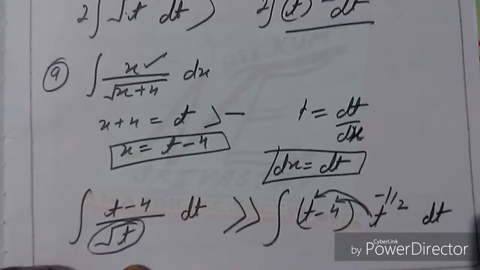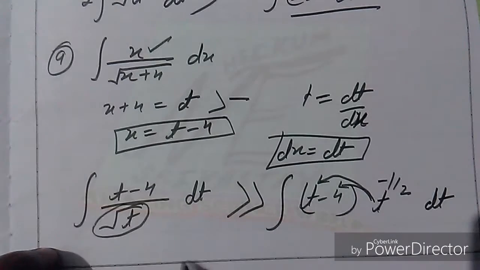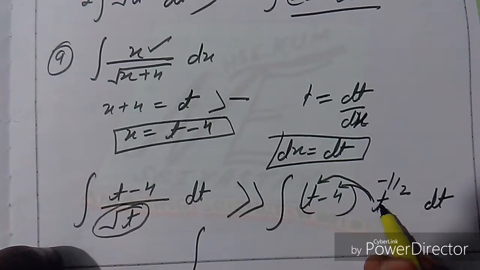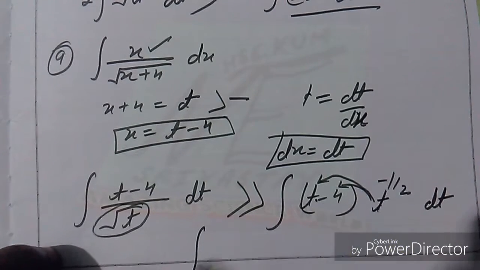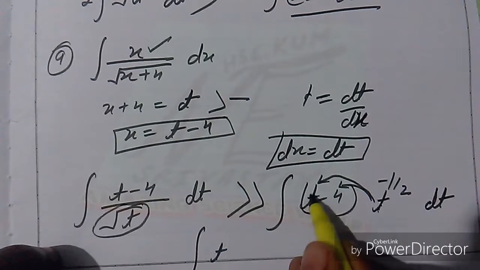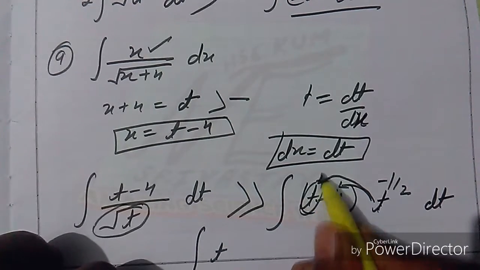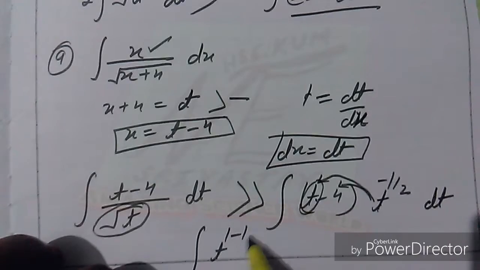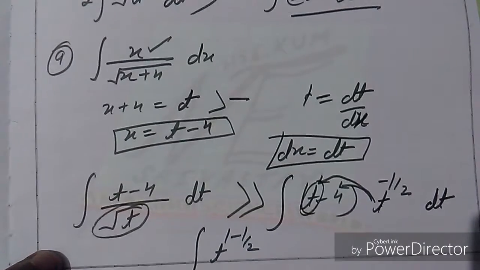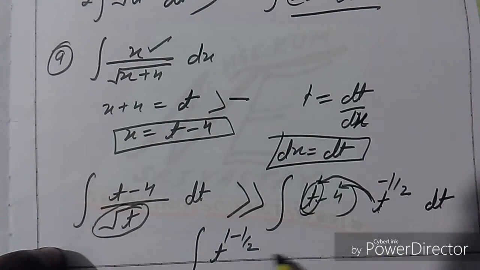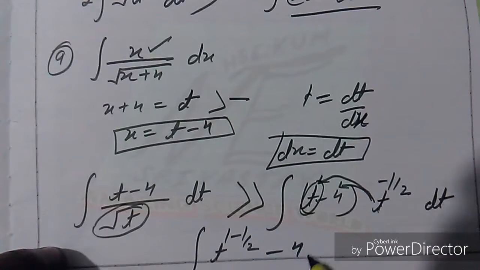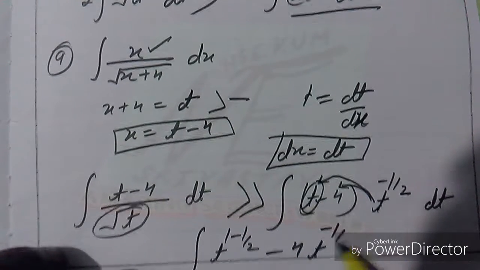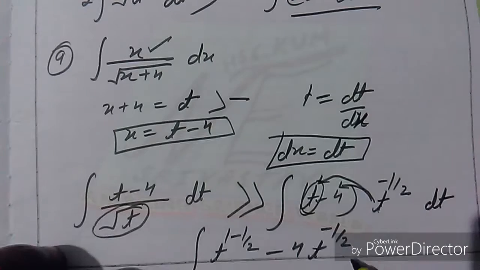And what will come, that is integration t multiplied with t, that is t power 1, then 1 minus 1 by 2, friends, and here 4t minus 1 by 2, my friends.